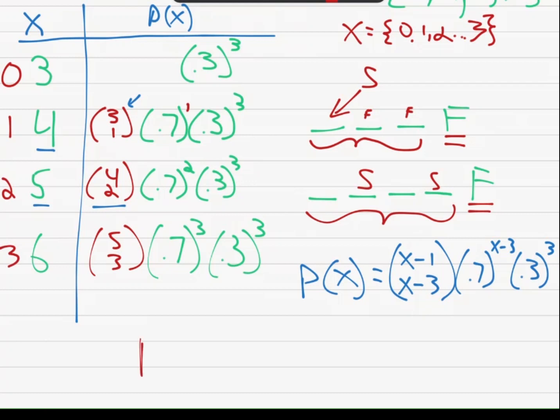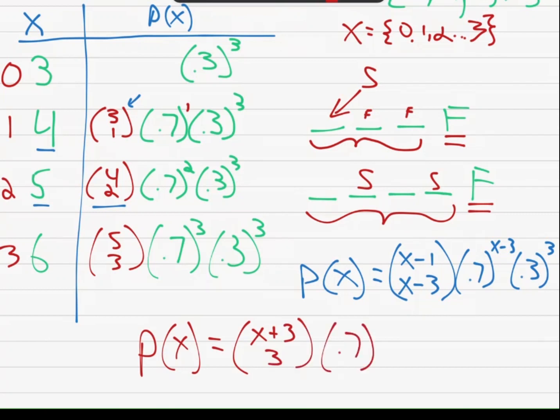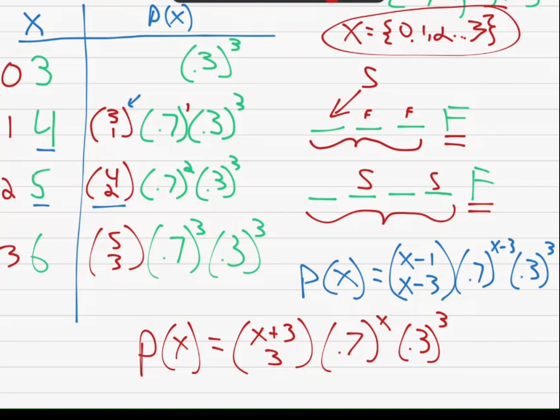My probability density function here is P of x equals x plus 3, choose x, times 0.7 raised to the x power times 0.3 cubed. So that all depends on how you define your capital X set. And this is probably a little cleaner. I would suggest this one.